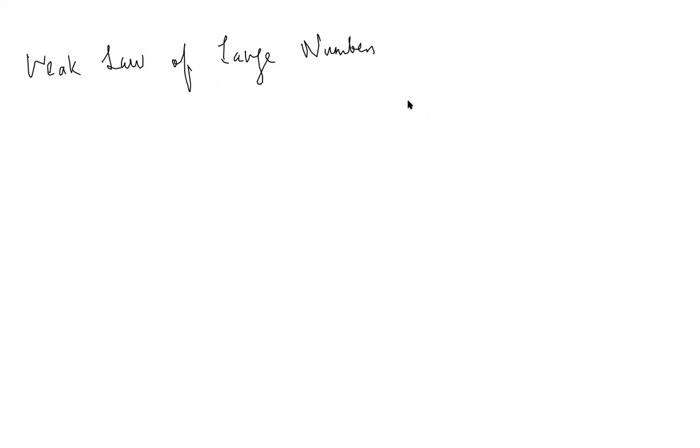Okay, so the weak law of large numbers uses convergence in probability.